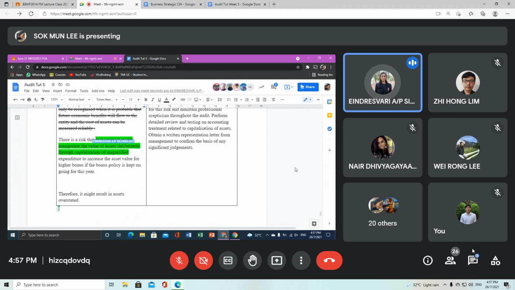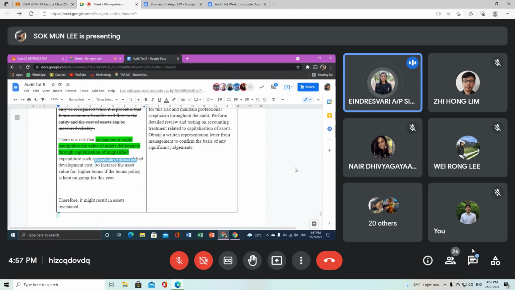So they might manipulate the value of assets deliberately through capitalization of unqualified expenditures, such as just now capitalizing unqualified development cost, and then just now we also had the PPE, right?